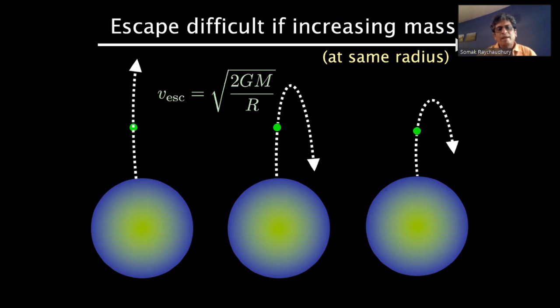And that is one way that you can make it high enough that it reaches the speed of light. So you can turn something into a black hole, keeping the same size by increasing its mass.